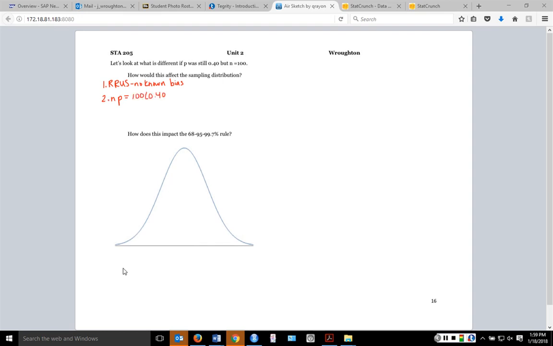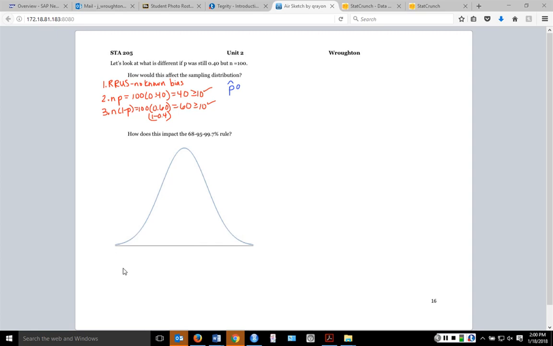This time if I take a sample of 100 beads, I would expect 40 of them to be black, and that's at least 10. And then my n times 1 minus p, or how many yellow I would expect here, would be 60. Sorry, this 1 minus the 0.4 is just the 0.6 there, is also at least 10. So our conditions would still hold.